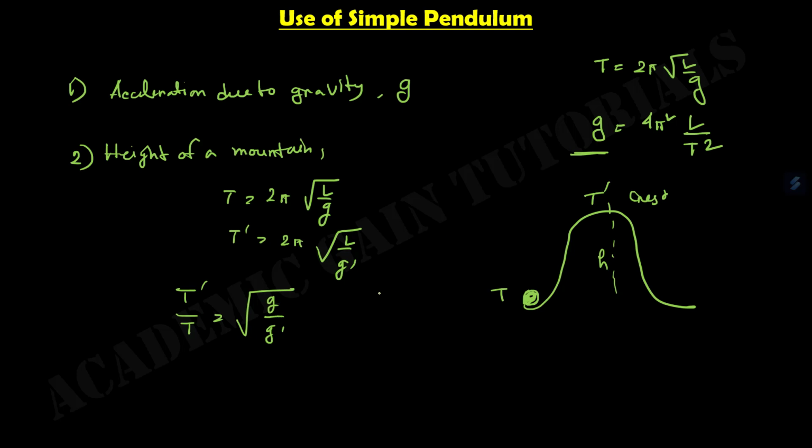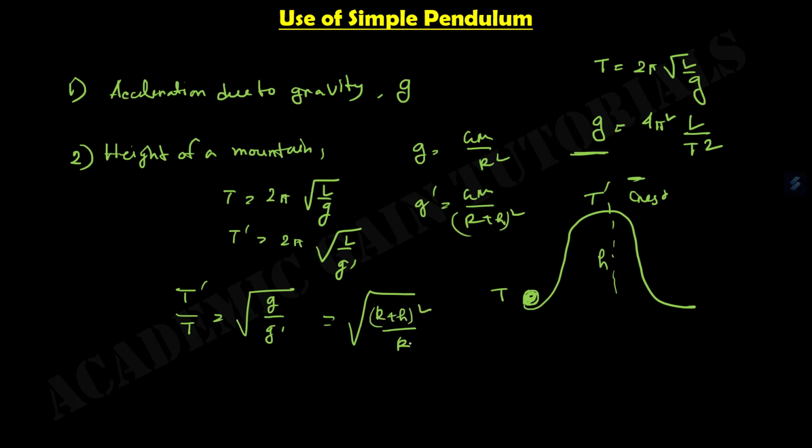And in our gravitational chapter, we know g equals GM by r square. So what will be the value of g prime? g prime will be GM by (r plus h) whole square. g prime means at that point. So instead of root over g by g prime, I can write this as (r plus h) whole square by r square.